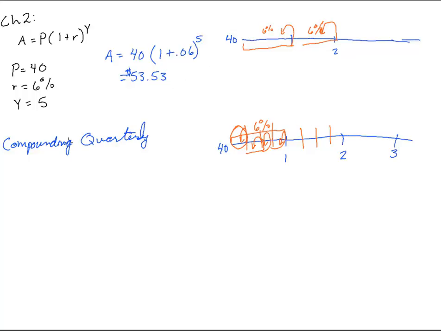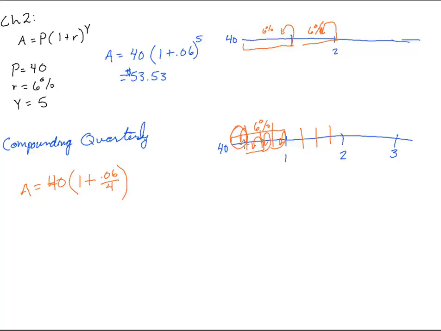And so we get a whole new formula. So pay attention to what goes on here. We're going to have 6% over the whole year, but it gets divided by 4. So we have the exact same thing, 40 times 1 plus, now instead of 0.06, it's 0.06 divided by 4.